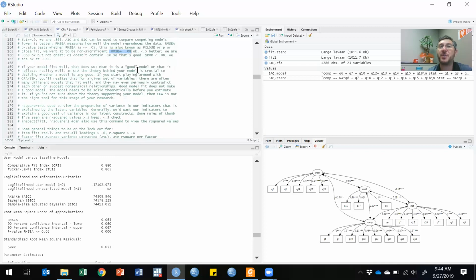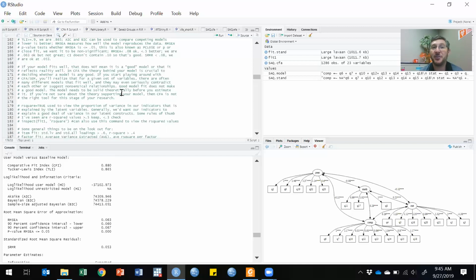values. Just because the model fit says the model fits well doesn't mean it's necessarily a good model, or that it reflects reality in any way. Really, in confirmatory factor analysis, the theory behind your model is crucial to deciding whether your model is a good fit or not.